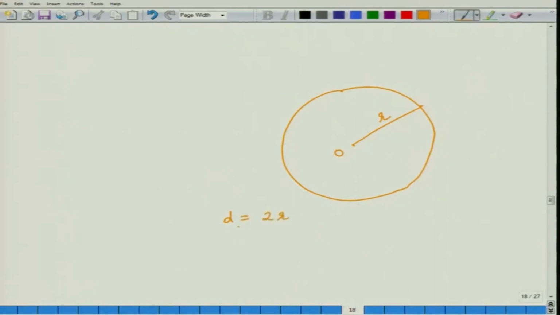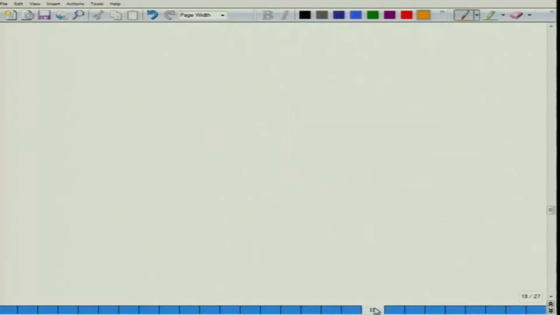The surface area of a sphere is given by 4 pi r square, and the volume of a sphere is given by 4 by 3 pi r cube. Now that we know about these plane and solid figures, let us have a look at some practical problems from the field.